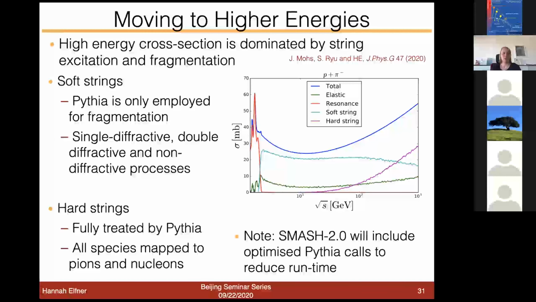With this string excitation and fragmentation applied, we can study heavy ion collisions at higher energies. Because there are again a lot of parameters in the string model, we tuned them to elementary data from pp collisions at SPS, and then we calculated lead-lead and compared to experimental data. The result is here.